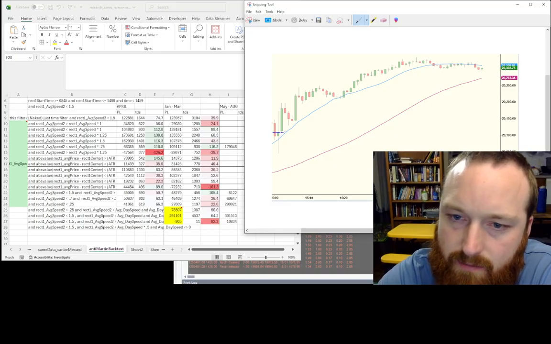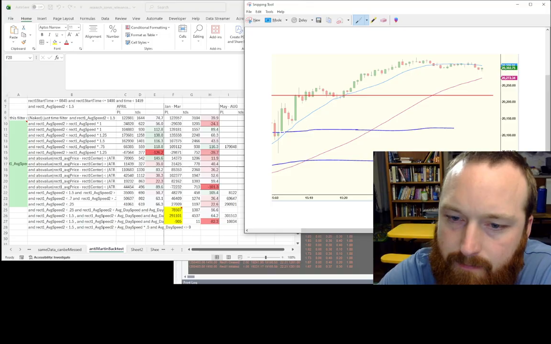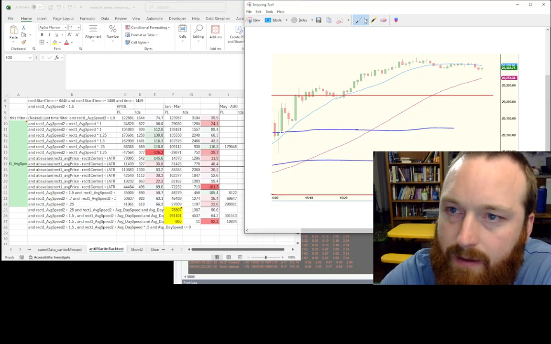You have a zone. All right. You have this zone, right? And then the red line is your stop loss. And I want to show you this. This is interesting.